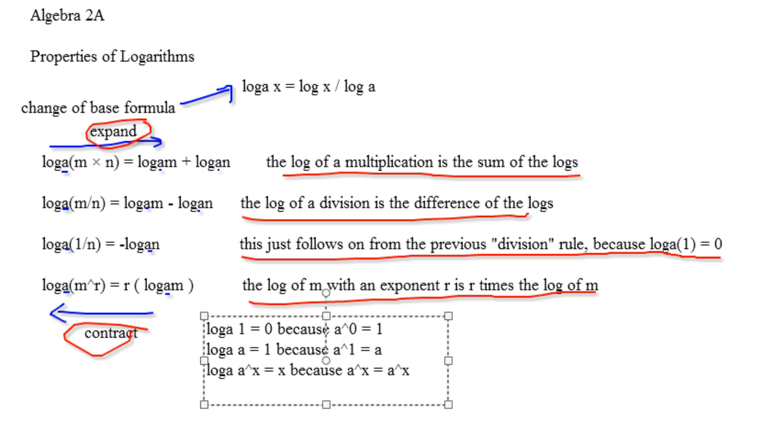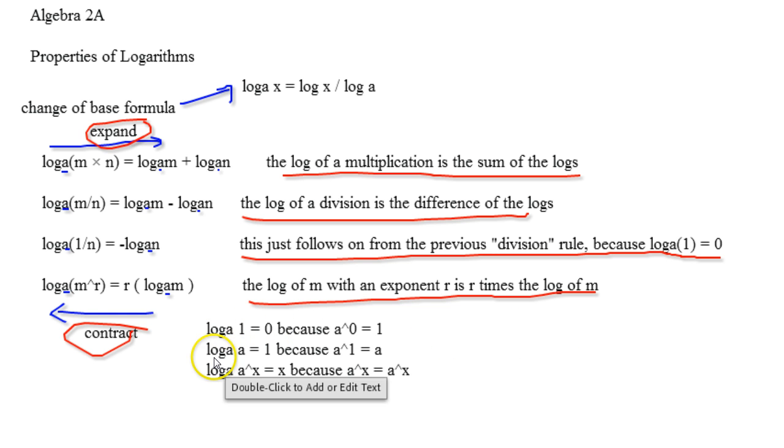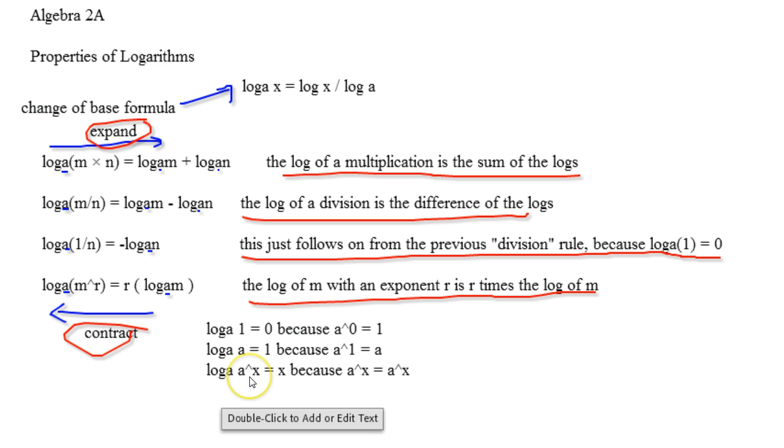Also some other rules that you just want to remember for logs. Log base a of 1 is equal to 0 because a to the 0 is equal to 1. Log base a of a is equal to 1 because a to the first is equal to a. That's pretty simple. This one's a little bit tricky for people to understand. Log base a of a to the x is x because a to the x is a to the x.